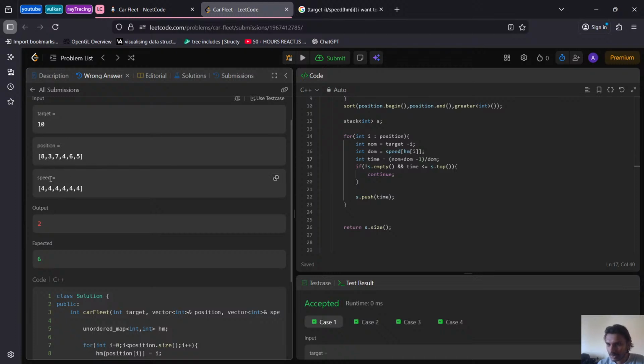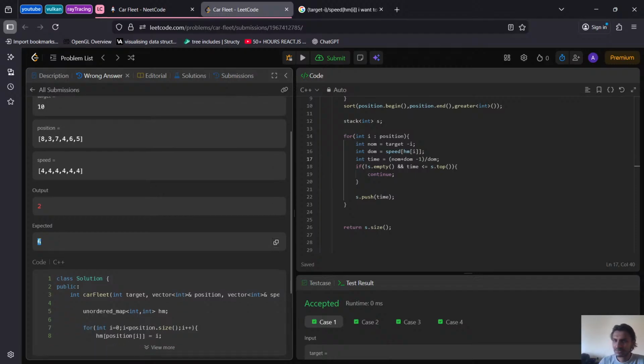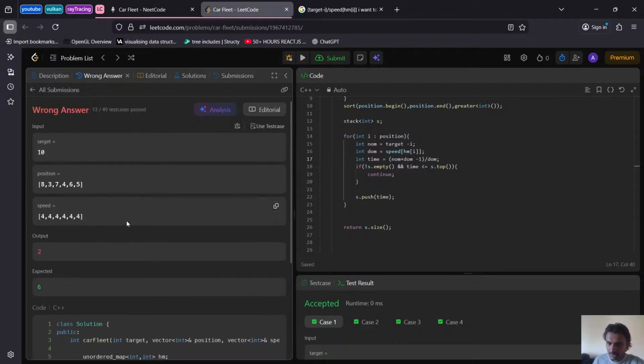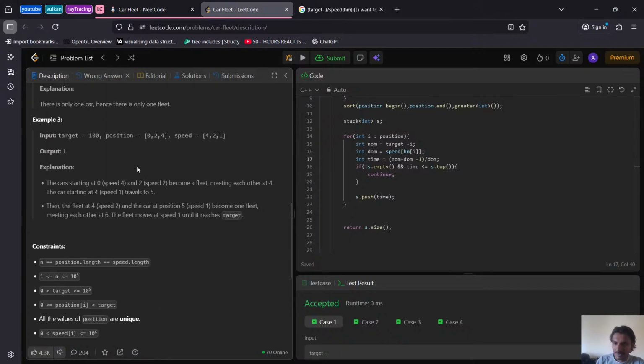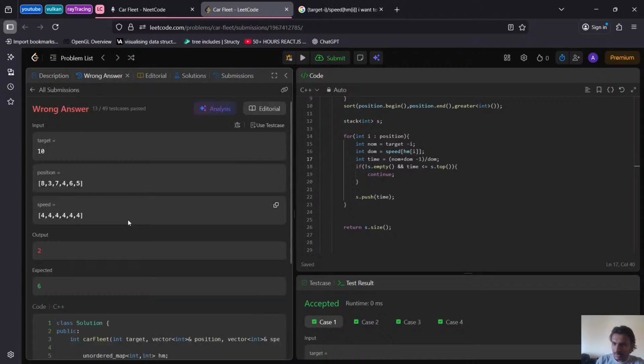And for 3, 7 divided by 4 is also 2. So why is it 6 fleets? It should be 2 fleets. According to the logic I understood from the hint provided, it should be 6. So what's the issue?